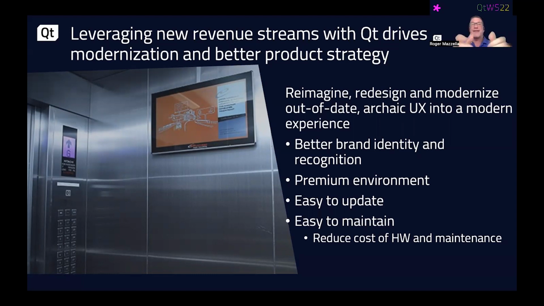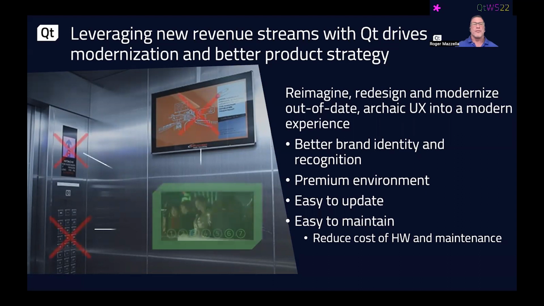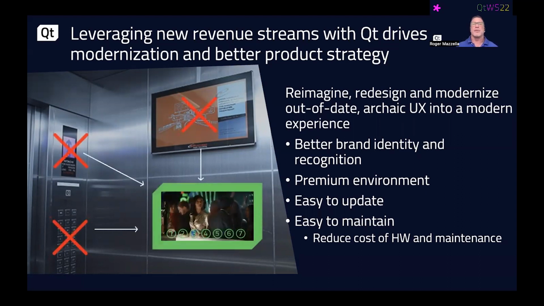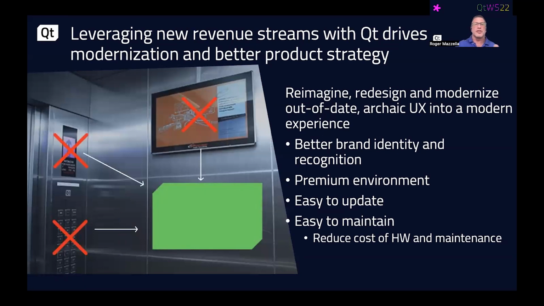And then, oh boy, we have this digital screen that gives, let's say you're in a hotel, when the happy hour is and what's going on at the restaurant. Well, now, if you reimagine and redesign and say, I want to throw digital advertising here, but I don't want to just put digital advertising on that screen, I want to combine everything using Qt in one digital experience to have the advertising, the floor controls, the displays for the floors.